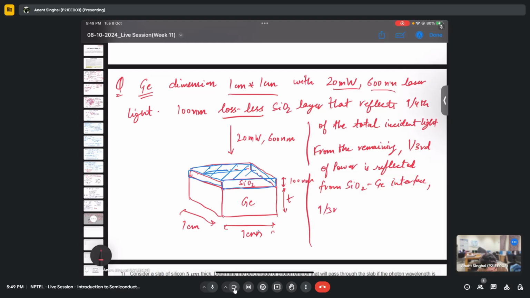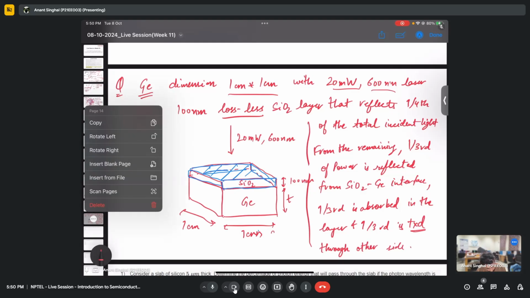One third is absorbed in the layer, and one third is transmitted. So this is transmitted through the other side. I hope you understand the question.